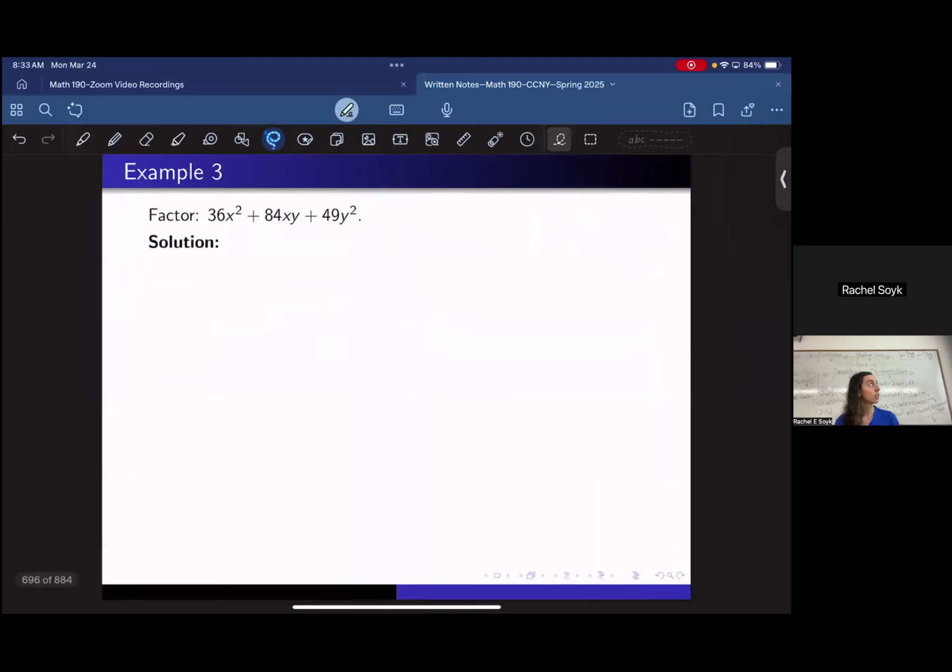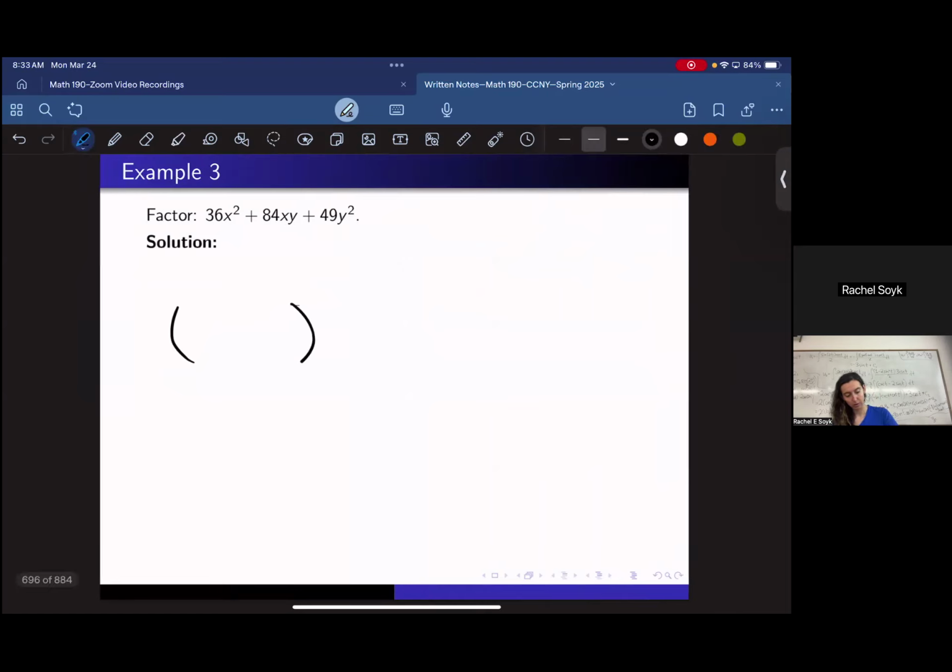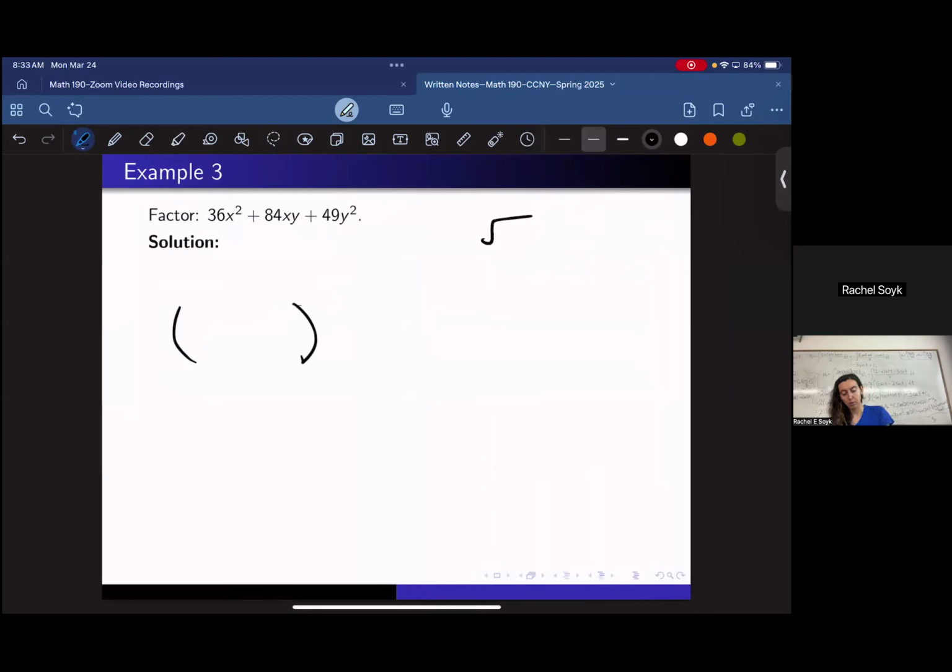Right. So let's do another example together. The square root of 36x squared gives us 6x. The square root of 49y squared gives us 7y. And the middle term is positive or negative?